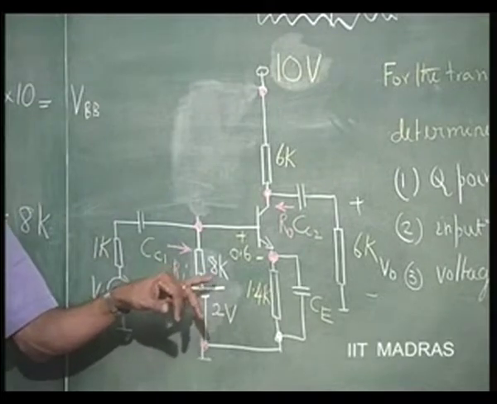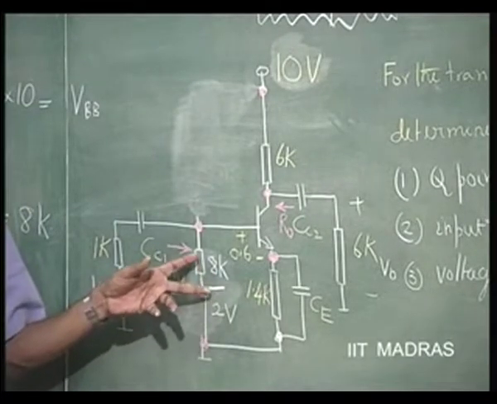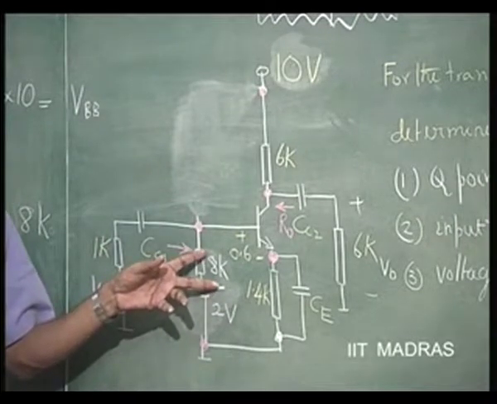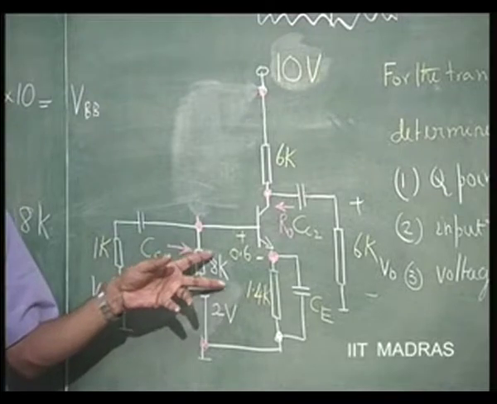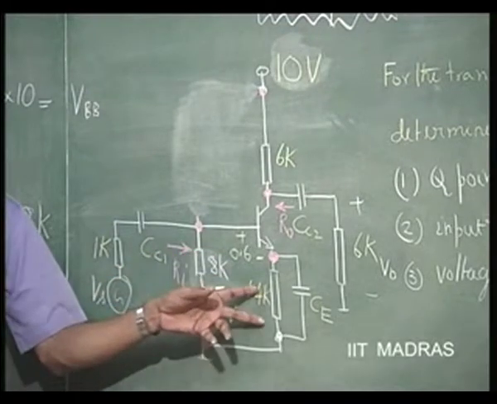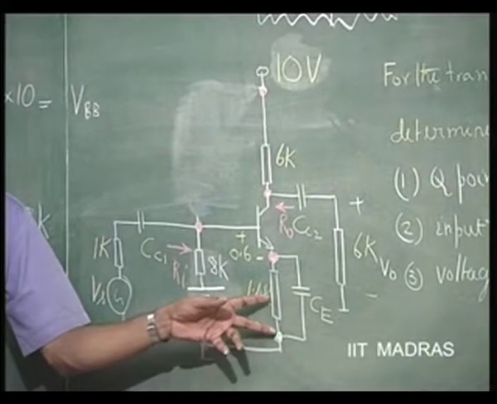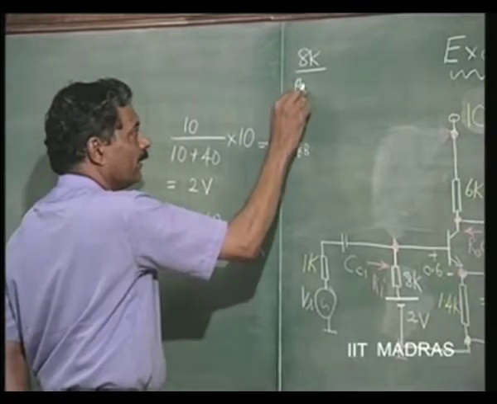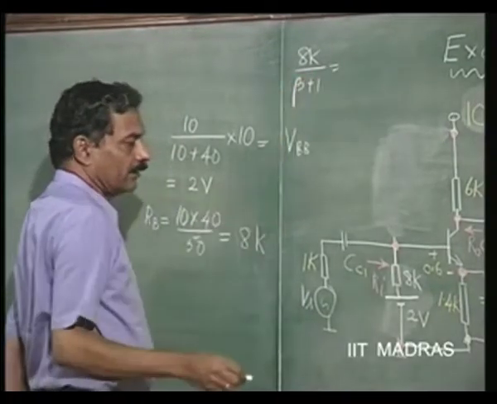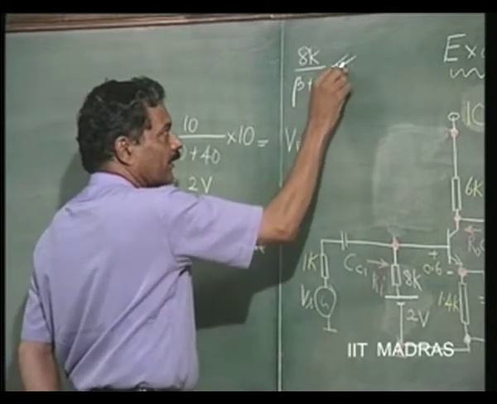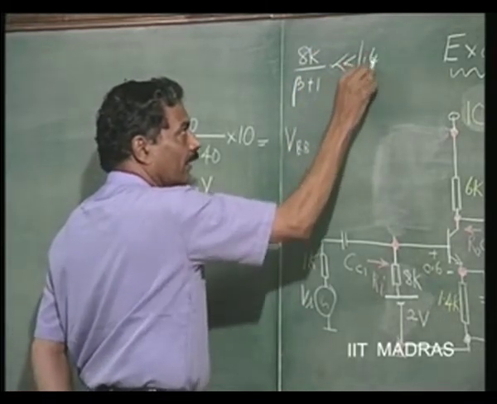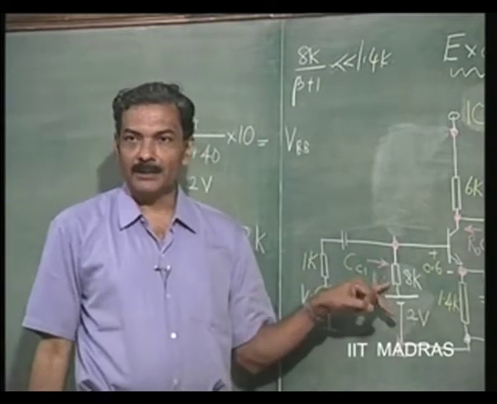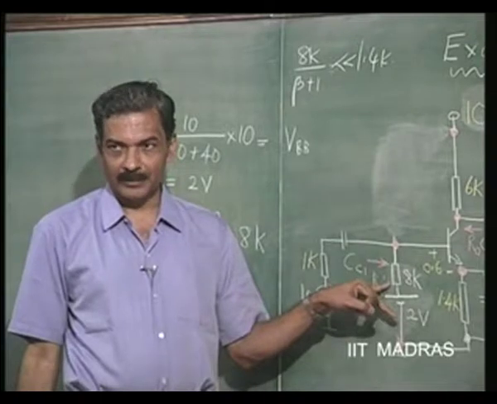We should in this case have an arrangement such that 8K divided by beta plus 1 should be much less than 1.4K, in order that we can neglect the DC drop that is occurring across 8K.